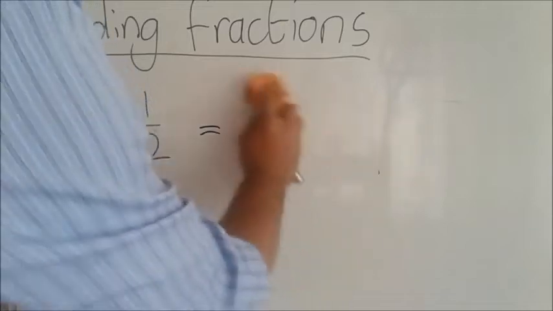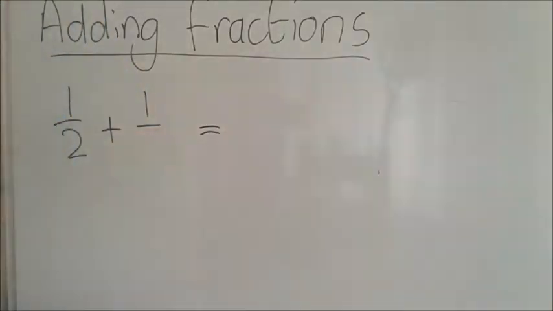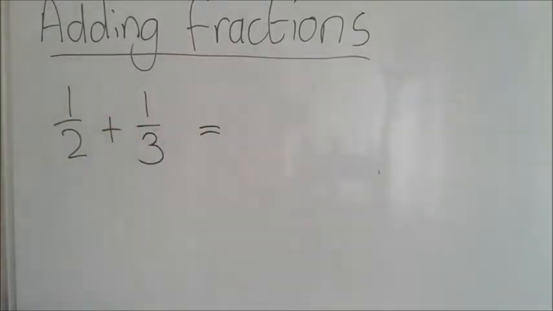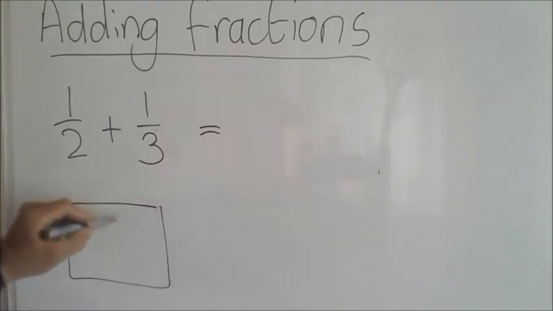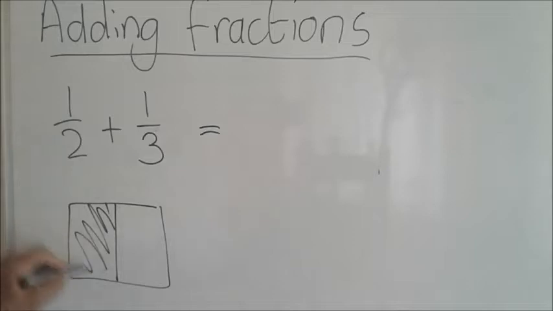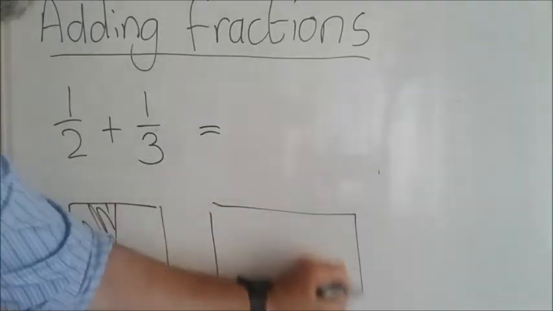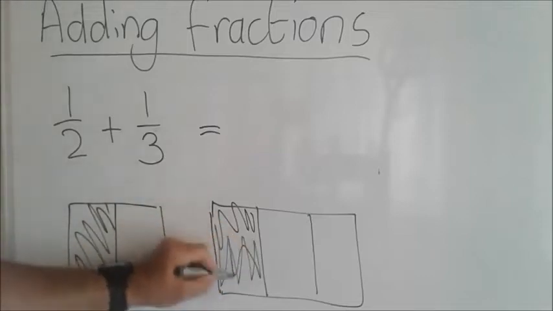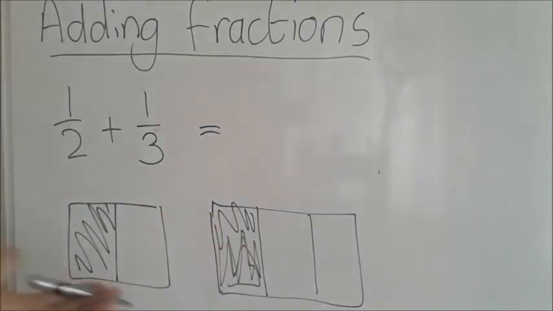Now let's change this up a little bit, and we're going to add up fractions with different denominators. So here we've got 1/2 plus 1/3. Now this is where it gets a little difficult, because if I've got 1/2 of a chocolate bar, and Johnny's got 1/3 of a chocolate bar, how am I going to add that up?